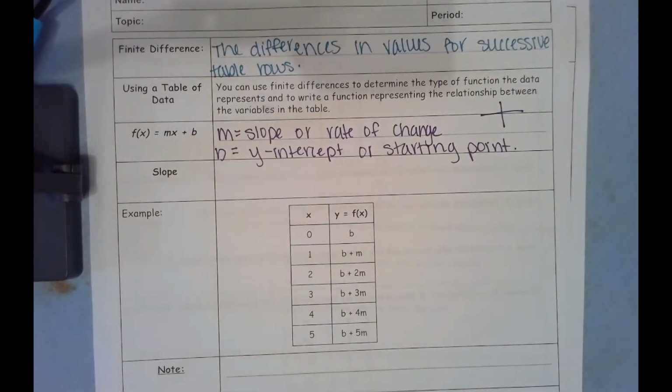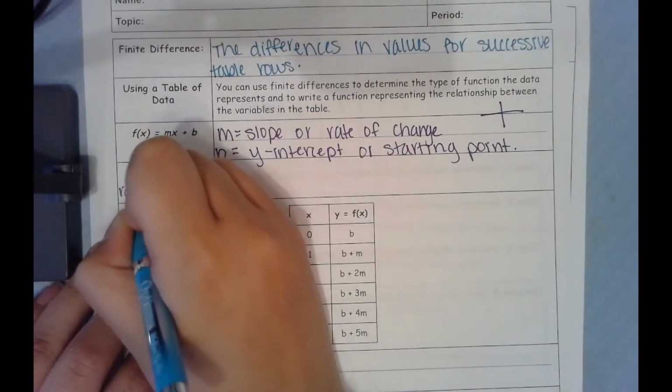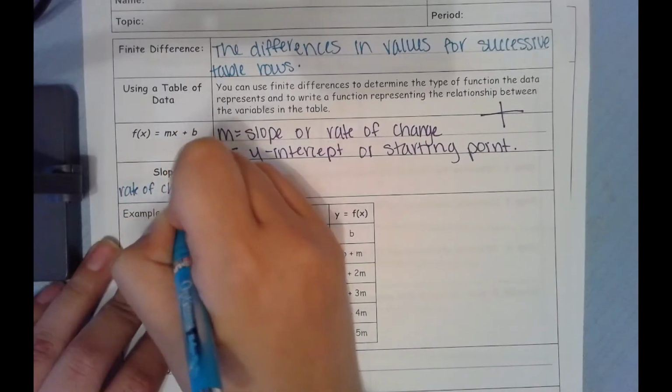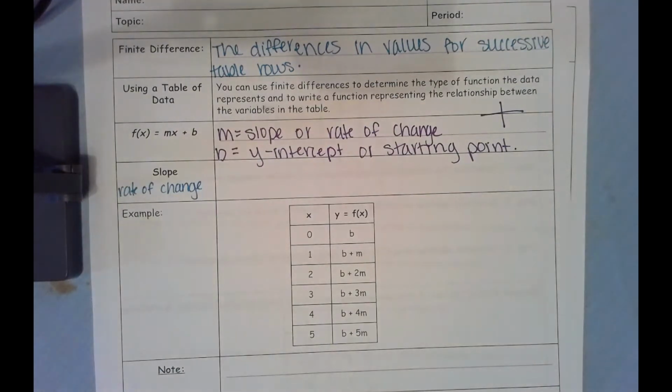So then, as just a reminder, slope is your rate of change. So I'm going to make sure to write it right here, because sometimes the rest of this might not call it slope, it's going to call it the rate of change.